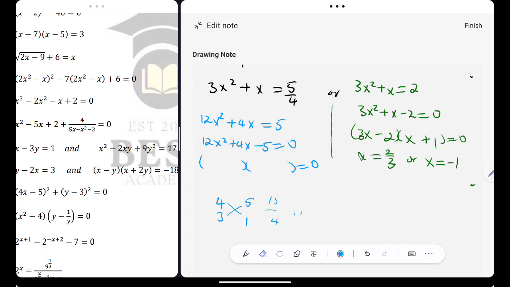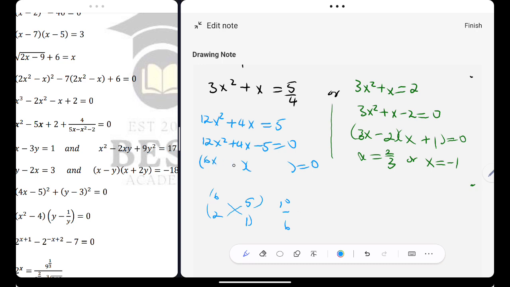So let's try the other sets of factors. Let's try 6 and 2. 6 times 1 is 6, 2 times 5 is 10. When I subtract, I get 4. 10 minus 6 is 4. So these are my brackets.